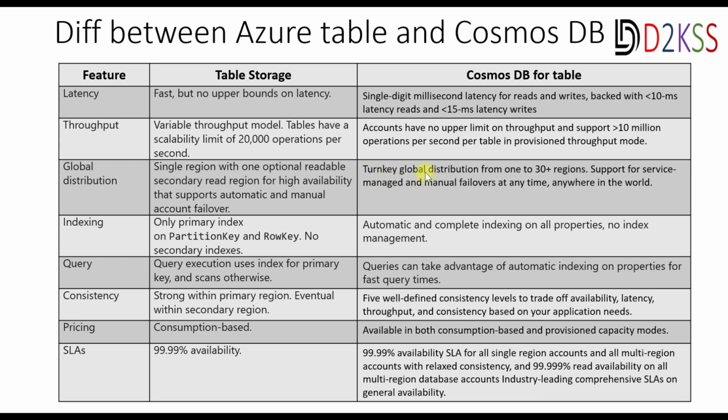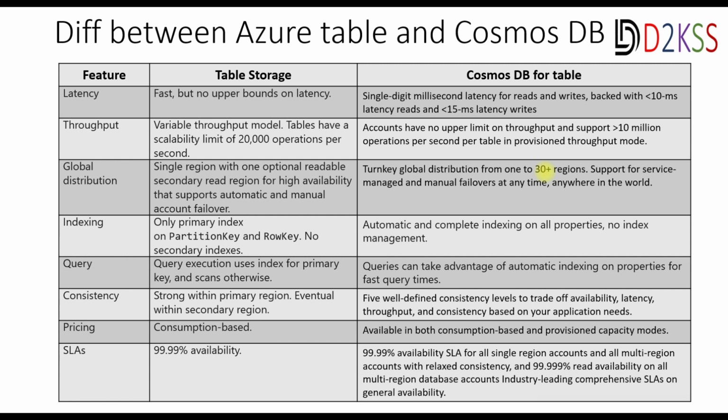Cosmos DB offers turnkey global distribution from 1 to 30 plus regions. So it can store data in 30 plus regions and you can configure it to fetch data from the nearest data center. For example, you can configure it so that you access the application from East US, while the data center you have chosen as primary is West US, but you can access from East US as well.